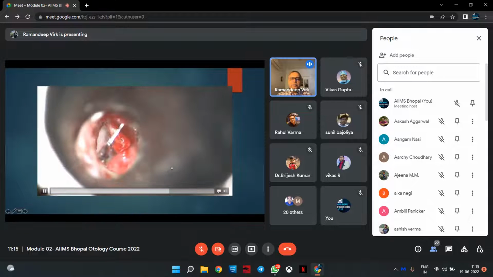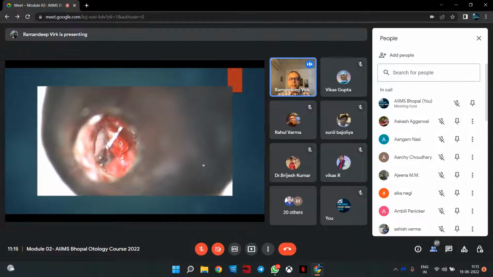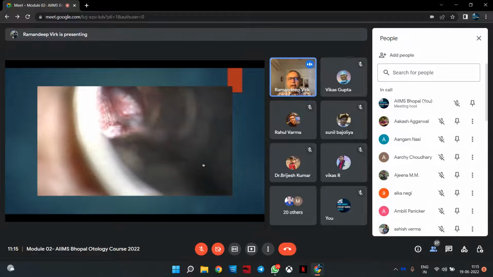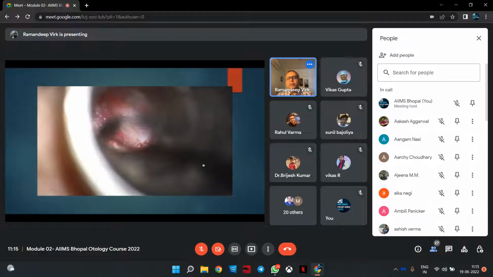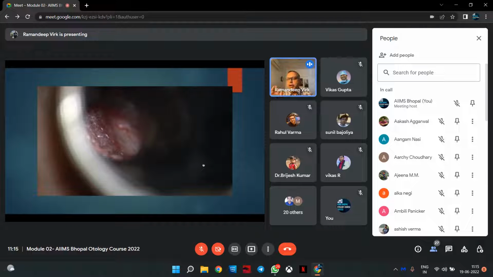And this is the persistent stapedial artery. And we were able to insert a titanium prosthesis. So see the advantage of doing a CT preoperatively and having a laser. Otherwise, if there would have been a fracture and I had conventional instrumentation, I would not have been able to create a fenestra because the footplate was mobile and it would have sunk in.